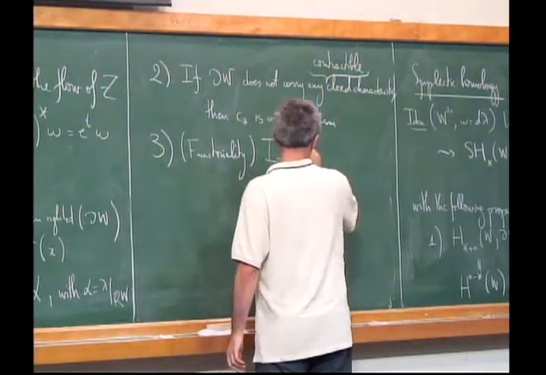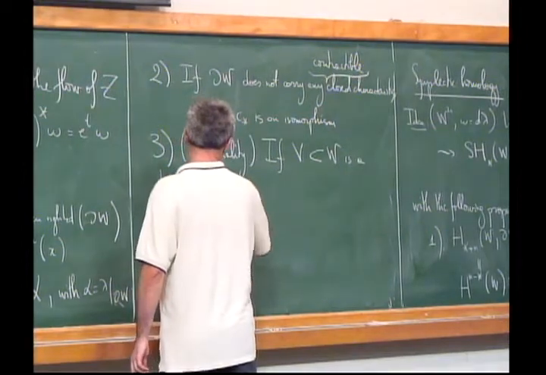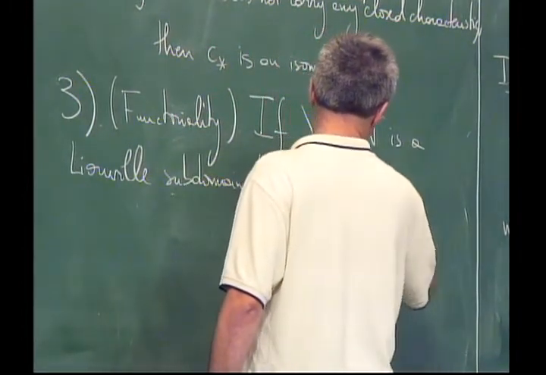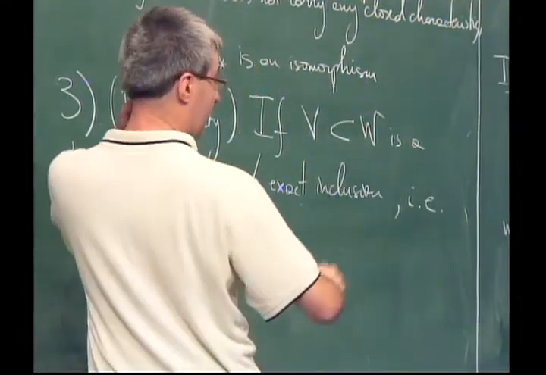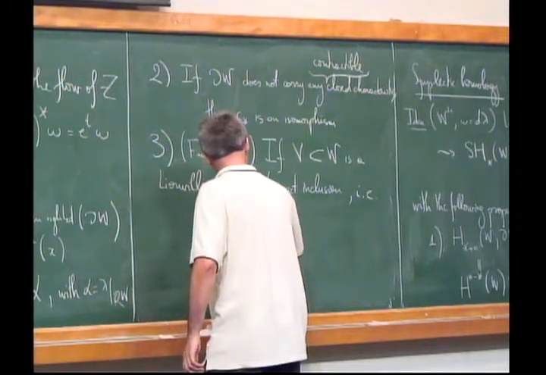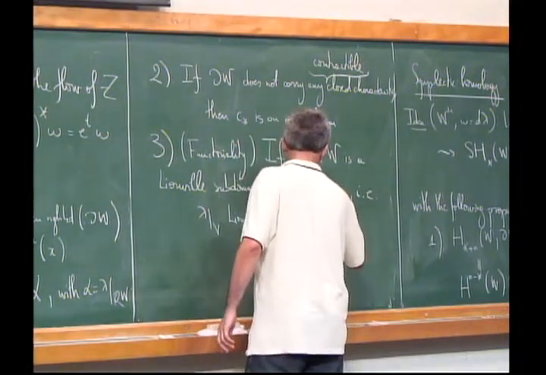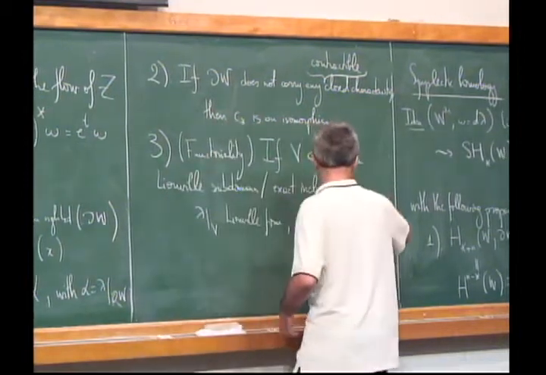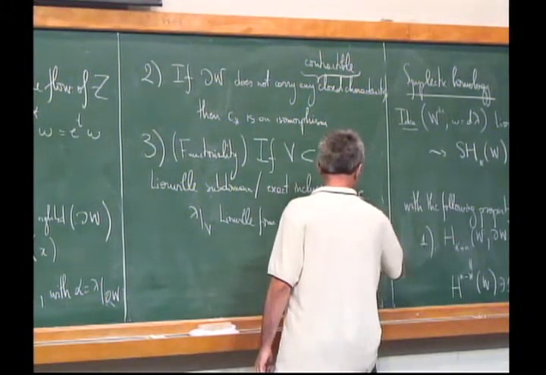If V inside W is a Liouville subdomain, or exact inclusion, meaning that the primitive restricts to V to a Liouville form, i.e. it's the same as saying that the primitive restricts to the boundary to a contact form, or rather, Z restricted to the boundary of V is transverse and points outwards of V.